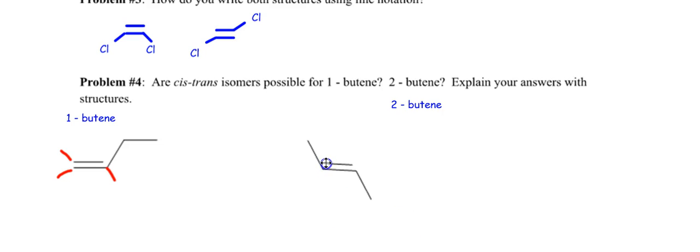But what about 2-butene? Well, what did I show you here? It looks a lot like the chloros, because here is my trans 2-butene, here is my cis 2-butene. Let's check out these hydrogens again. How many bonds does this carbon show? 1, 2, 3. So there's a hydrogen here. How many does this one show? 1, 2, 3.